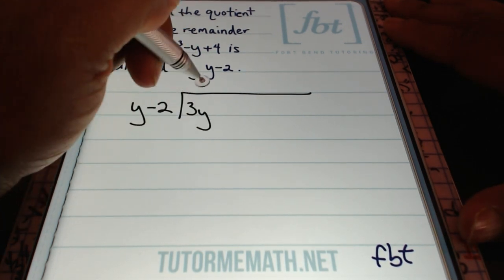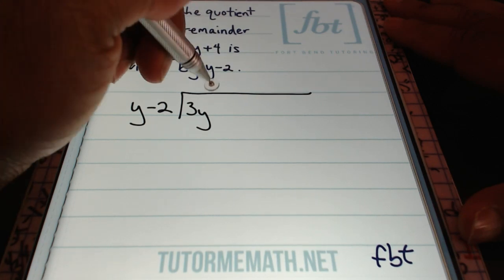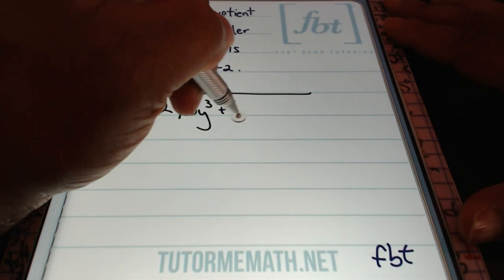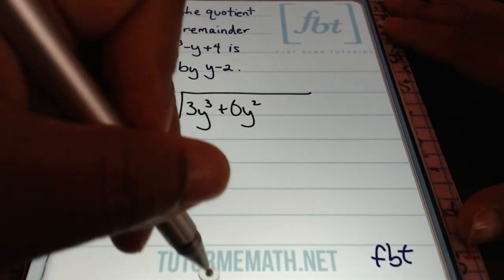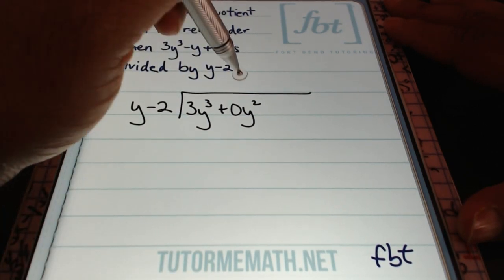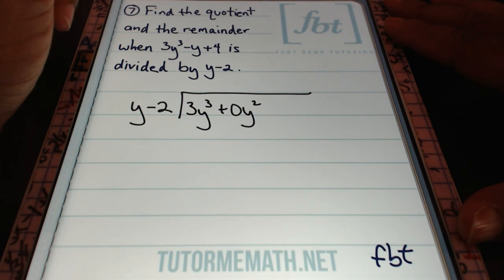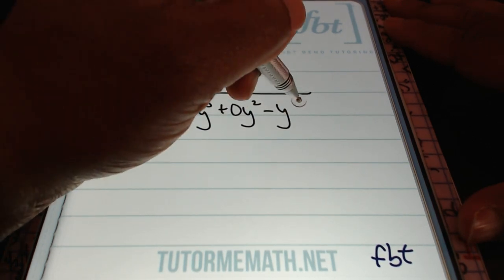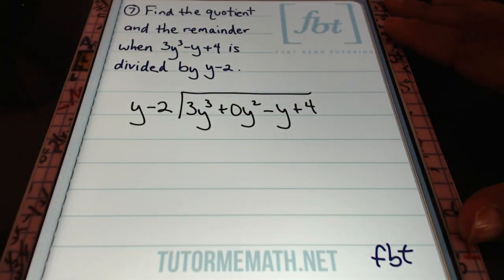And what you need to remember is that when it comes to the divisor and the dividend, you want every term represented. So what do I mean by that? I mean that notice how I've included this 0y squared term. The reason for this, it's a placeholder because as I'm working through my division process, I don't want to misalign.